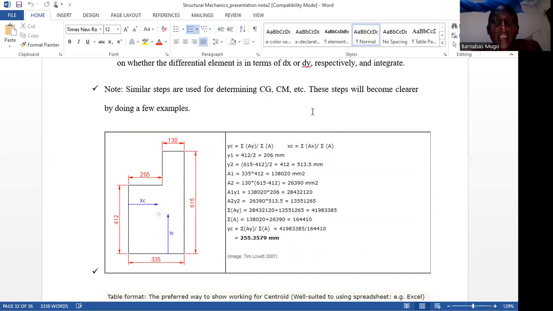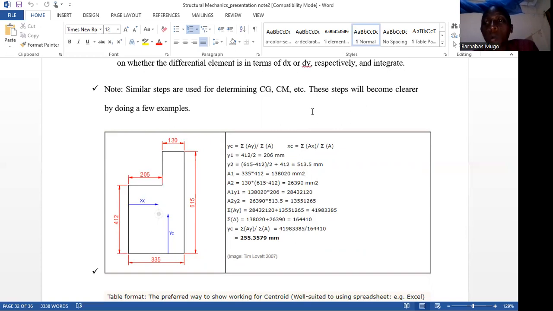So how do you go about it? The first thing is that you need to note that YC can be given by the summation of A times Y, divided by the summation of all the areas. XC can be given by the summation of all the areas times the value of X, divided by the summation of areas.